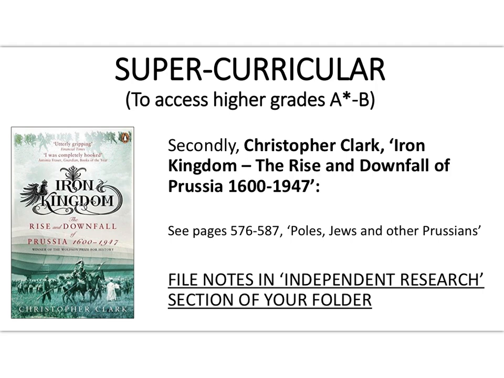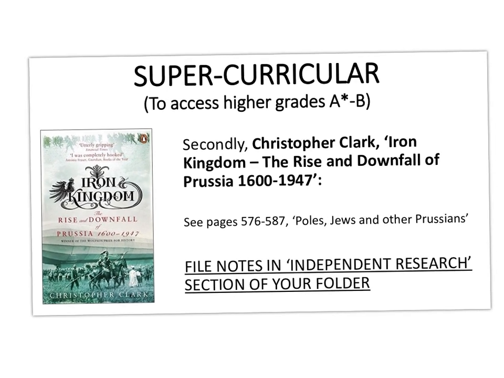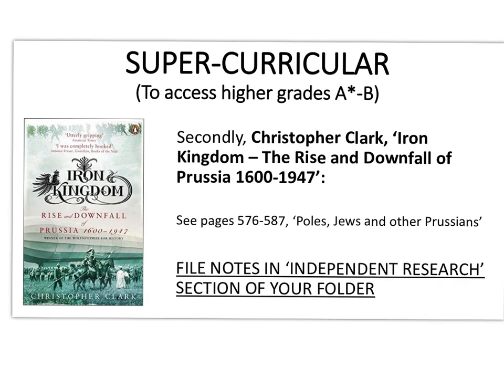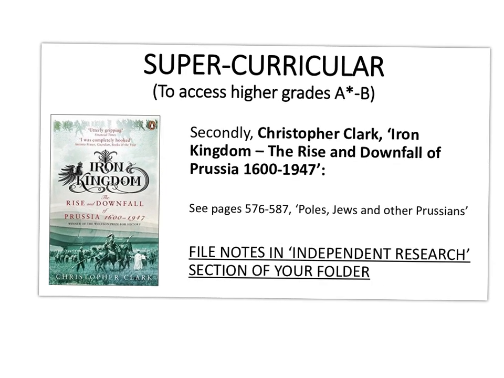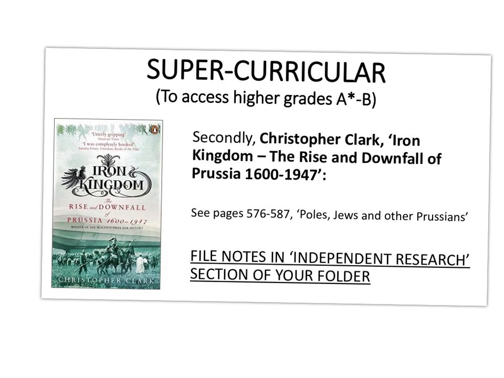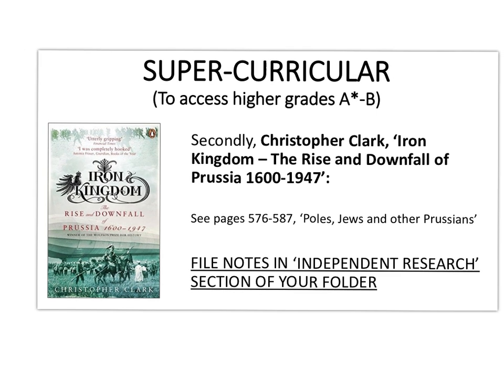And then a new one, a book I'm actually reading at the moment, Christopher Clark's Iron Kingdom, The Rise and Downfall of Prussia. There's a good section there about Poles, Jews and other Prussians that addresses this issue of divisions within the newly united German Empire and how they were tackled during the Second Reich to create national unity.